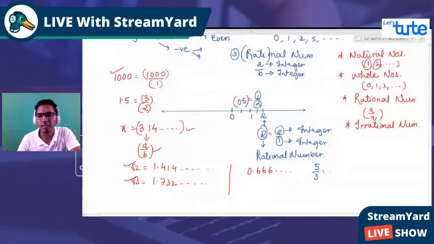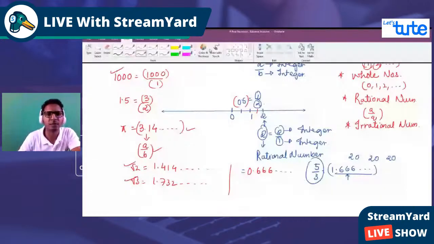I'll just divide and show you. 3 ones are 3, 2 is remaining, so we put 0. 3 6s are 18, again 2 is remaining, we put 0 because of the decimal. Again 3 6s are 18, 2 is remaining, for the decimal we take 0. So the story goes on, it never ends. Similarly we can take some other fraction. So in this way it is not ending, but still we can write this in the form of a fraction of two integers. Correct.